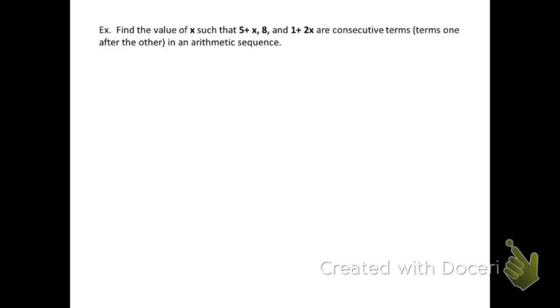Okay, the next question asks us to find the value of x such that 5 plus x, 8, and 1 plus 2x are consecutive terms. So the key with this is the word consecutive. It means that they come one right after the other. And we're also told that it's an arithmetic sequence, so that makes it really easy too.